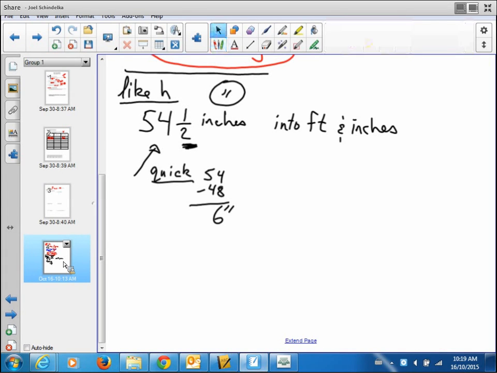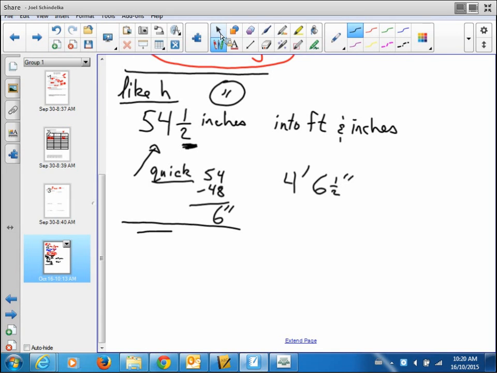And you know that 48 inches here is 4 feet. We can just think that one through. So you'd say the whole thing is 4 foot, 6, and then remember there was that half, 6.5 inches.